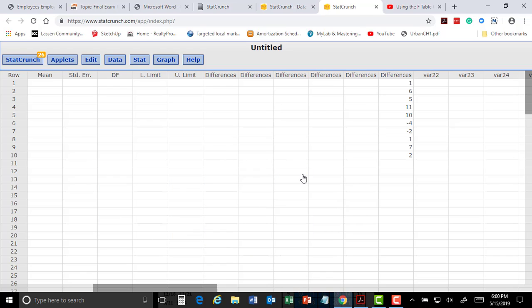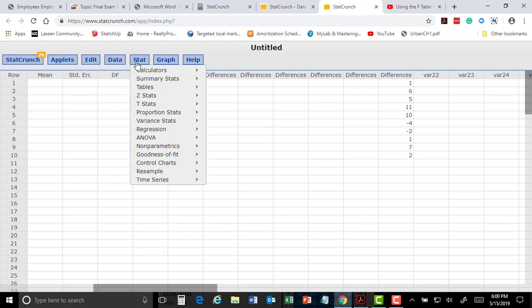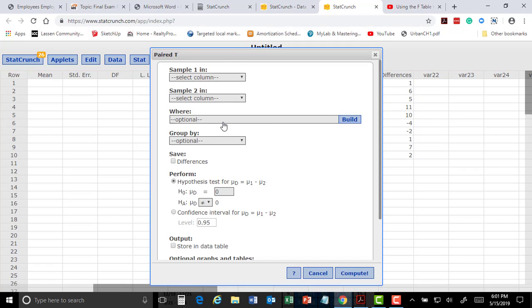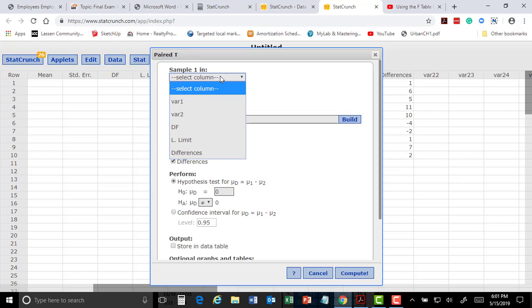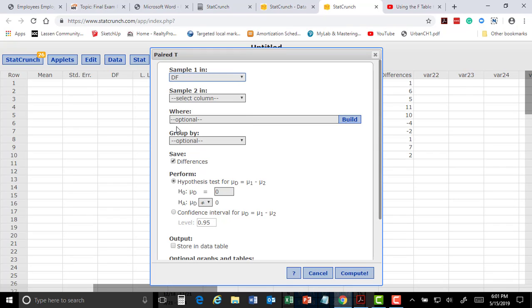Let's see. This one? If I put paired and differences, then they want, is it variable 1 and 2? Or is it this and this? Is that where my data's at?